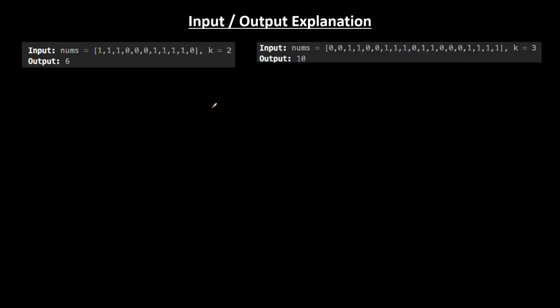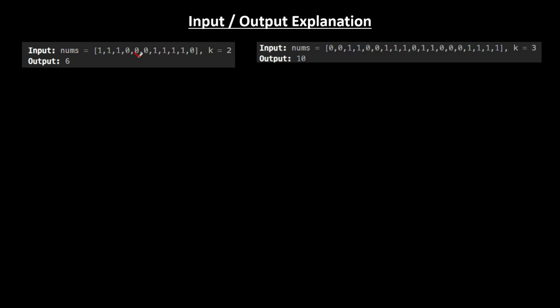Now let's understand the input output. So here you can see k is 2, which means you can flip at most two zeros, right? So if you take these three ones and we try to flip these zeros, we get total ones to be 5, right? That's great.